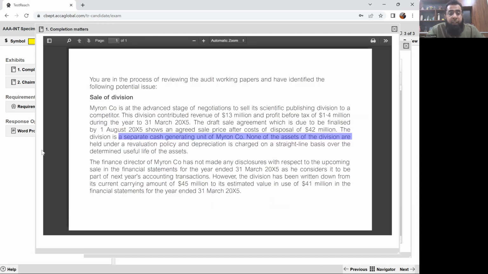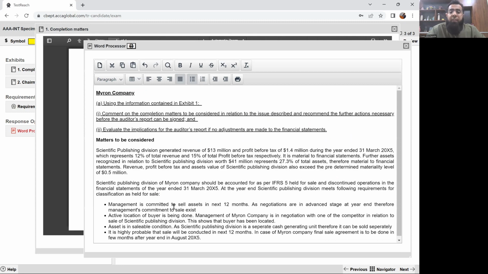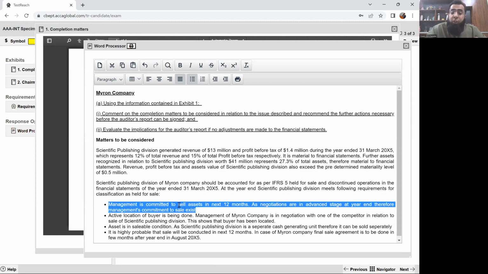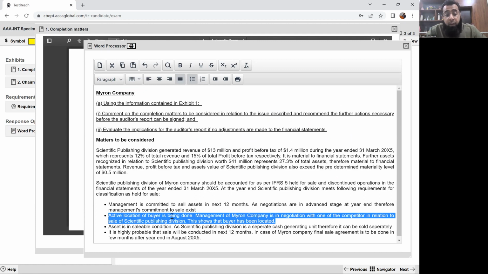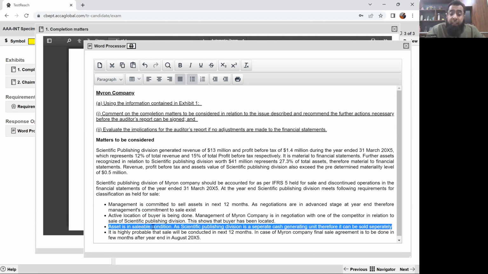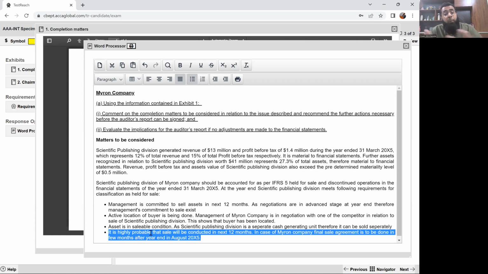Okay, it was clearly written that the final sale agreement will be done by 1st August 2005. Okay, so if you remember IFRS 5 held for sale, management should be committed to sell the asset. There should be active location of the buyer. Asset is in saleable condition, and it is highly probable that the sale will be conducted. So apparently, the conditions of IFRS 5 which relate to the scenario have been satisfied.